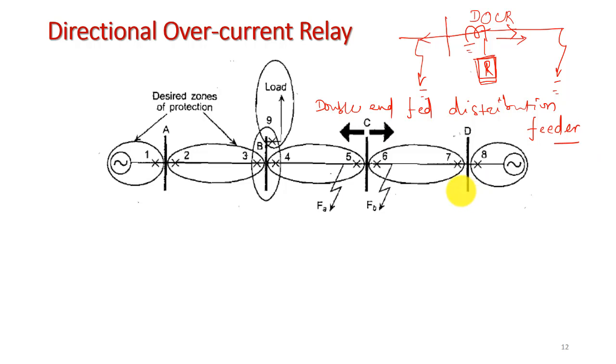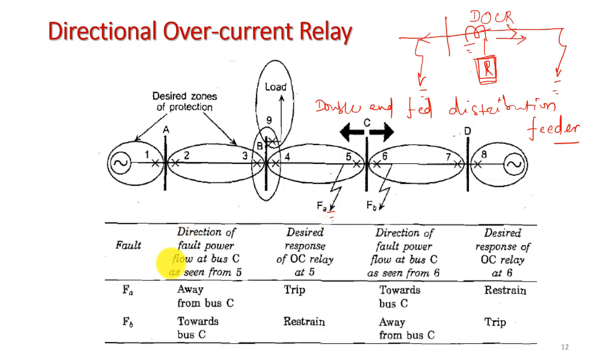So now how will it protect when the fault is there? Let us consider the fault at location A, right? So let us consider fault FA. Okay, here. So that is in the line section 4-5.